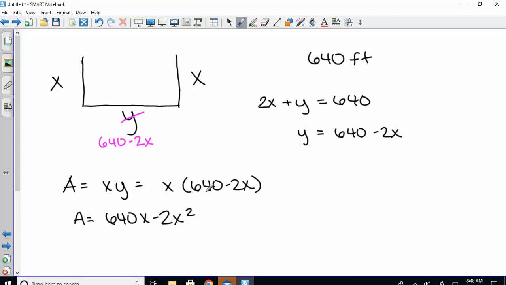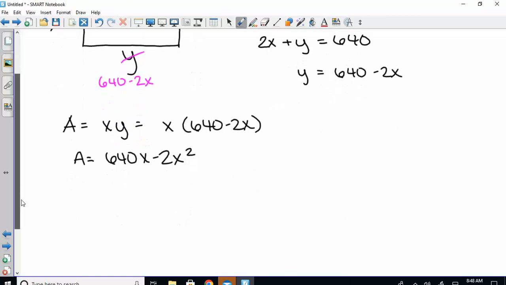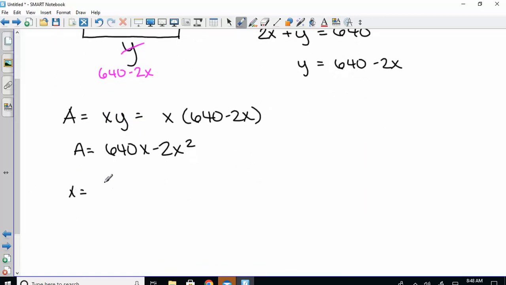What did I ask you to find eventually? The vertex. I want to know when I get the maximum, so that's the vertex: opposite of b over 2a. So that's negative 640 over 2 times negative 2. Negative 640 divided by negative 4 is 160.